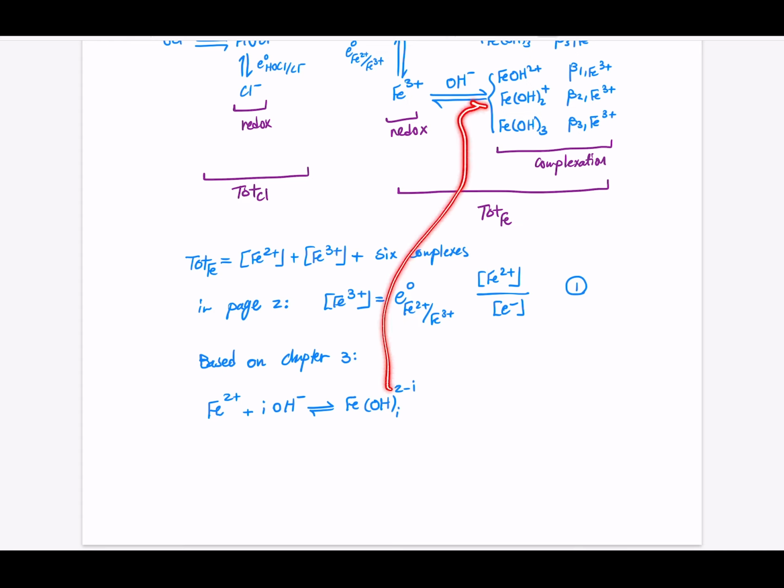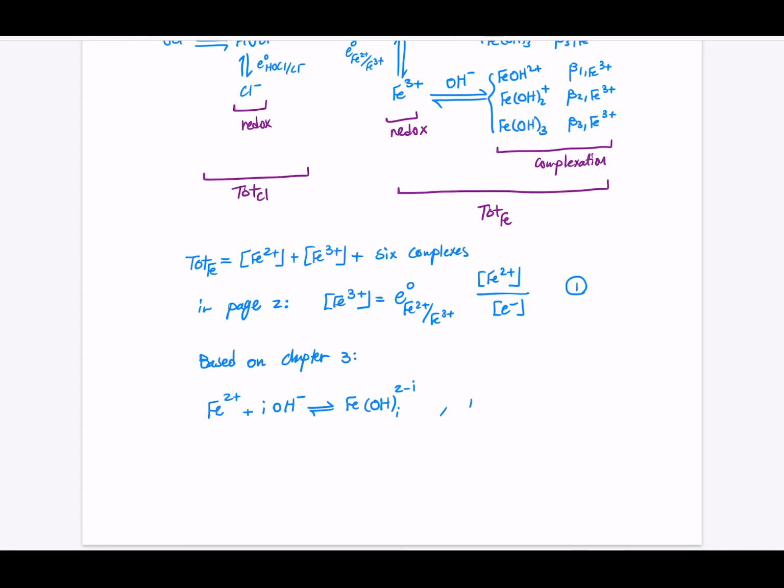We can expand it to all of these, I equals 1, 2, and 3. And because it's written in the form of the standard designation for beta, beta I describes this equilibrium for this specific notation that we use.